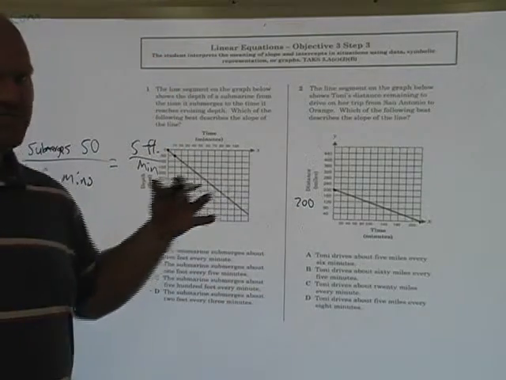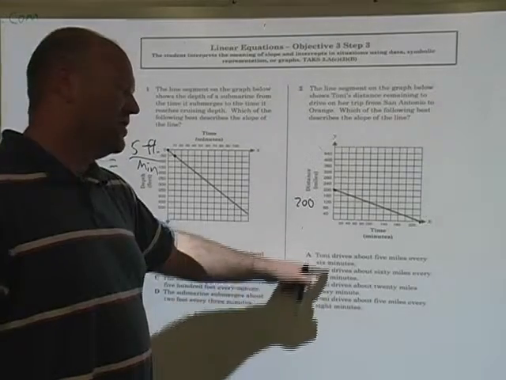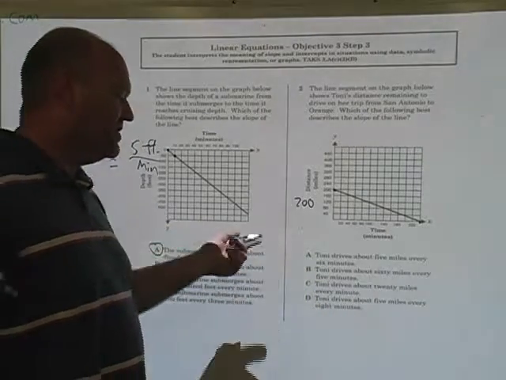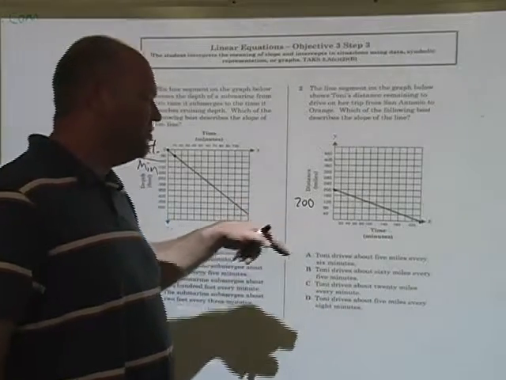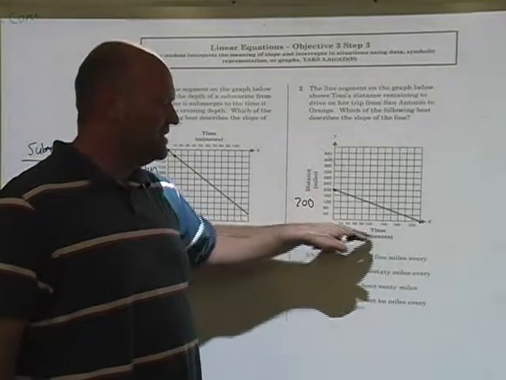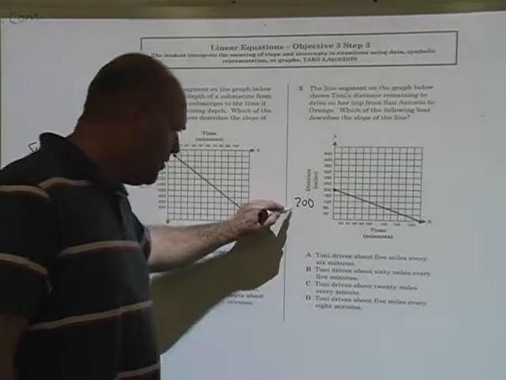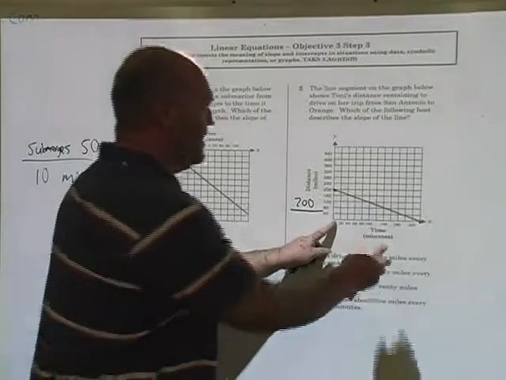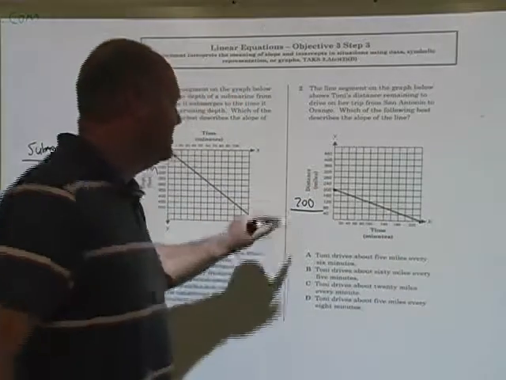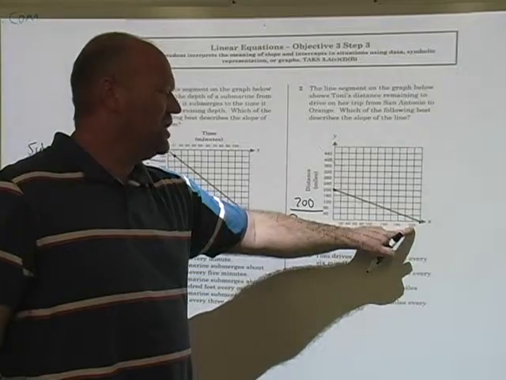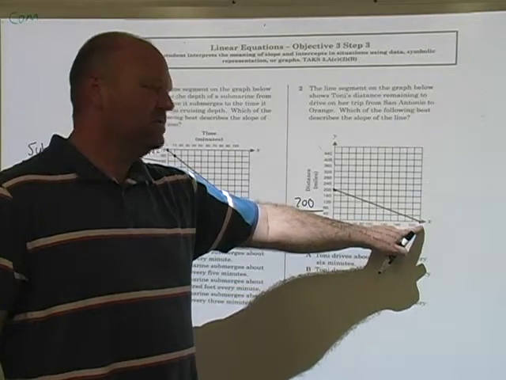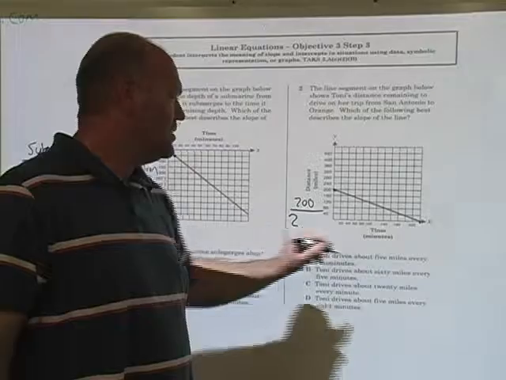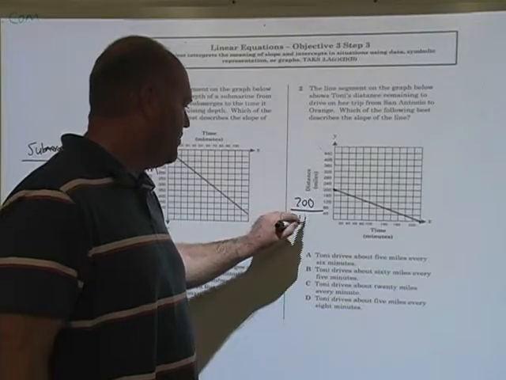Really, the sign here doesn't matter, because we're not talking about a drop or a decrease. It's just how many miles did they drive in this many minutes. So we went 200 miles in how many minutes? There's 220, so the next vertical line would be 240.